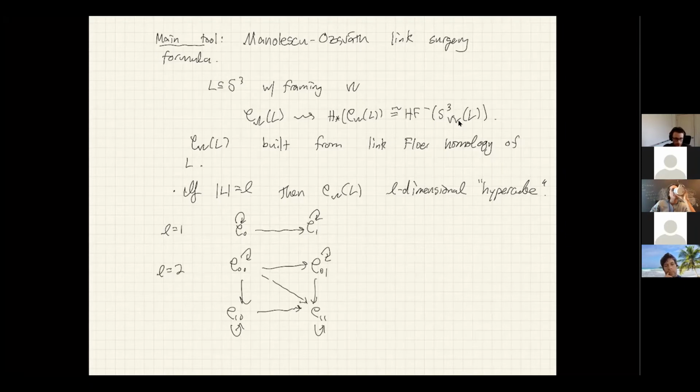The relation is just del squared equals 0, where del is the sum of all arrows in the picture. And of course L equals 3 is a 3-dimensional cube. That's the structural shape of the link surgery formula.